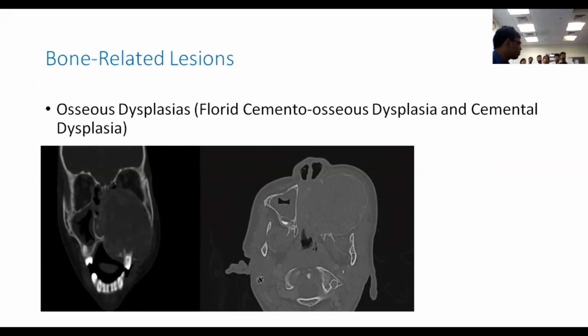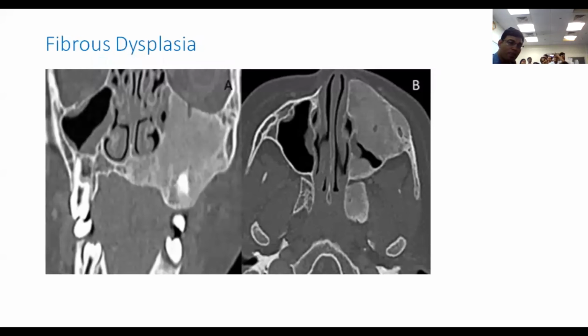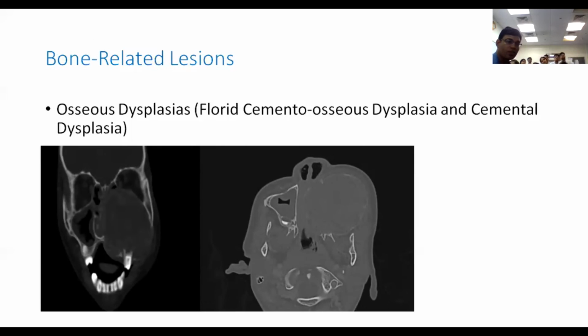Then bone-related lesions. Whatever fibro-osseous lesions can occur in the extremities can occur here also, so there is no relation to the tooth. There is only a primary bone tumor. Okay, so what is this? The density: if you see this, it is very fibrous, opaque, and relatively less so.